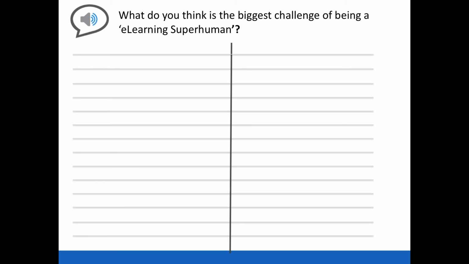Bringing all these things together is sometimes slower than different groups of people working on it. And part of the challenge of being a superhuman is having to know all these different areas and be an expert in everything. That's not an easy spot to be in.